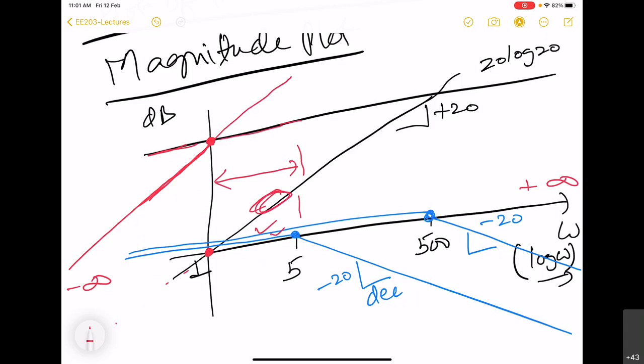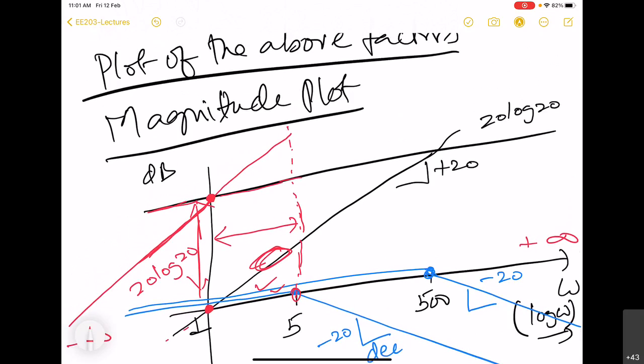So from minus infinity up till omega equal to 5, it is this 0 which contributes, and the constant term has only shifted this value by 20 log 20.